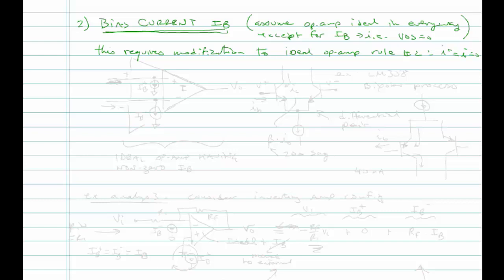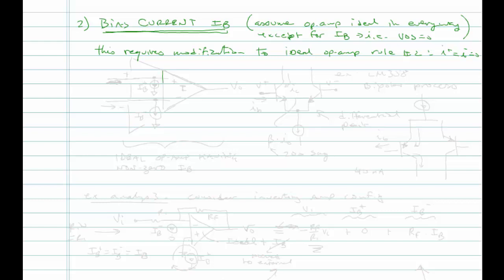Because in fact, in the lab, although sometimes it's difficult to measure because it's such a small current, you will find that there are currents flowing in or out of the inverting and non-inverting inputs of the op-amp.